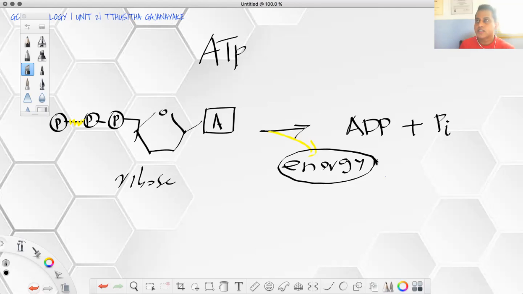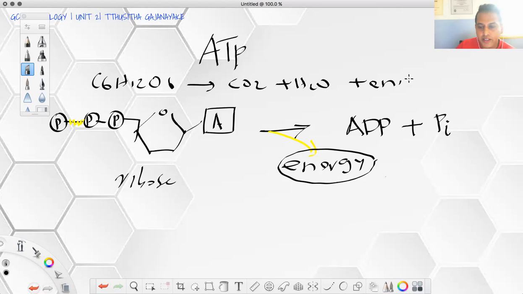And this energy is the universal energy for all organisms. Bacteria to large animals, they use ATP as the fuel inside the cells. When we take glucose as an energy source, when we take carbohydrates as an energy source, these glucose molecules break down. So I hope you can remember this reaction: carbon dioxide, water, and energy. So we write the aerobic respiration takes place in the cells.